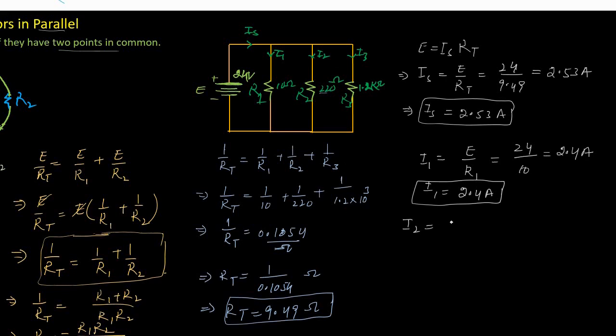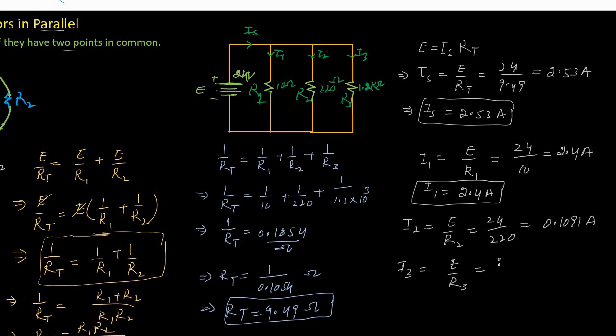Now by using Ohm's law again to find the current through this R2 resistor, let's say I2, is equal to E divided by R2. E we already have, which is 24 volts, divided by R2, which is 220 ohms. So the resulting current through this branch is 0.1091 amperes. Now the current through this third resistor, let's say I3, is equal to E divided by R3.